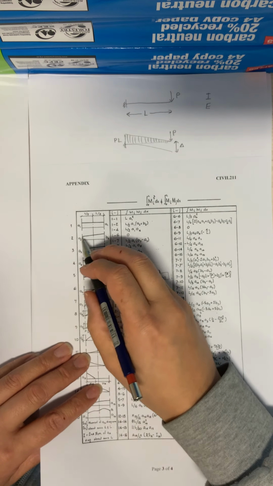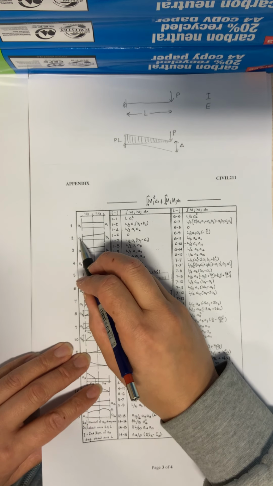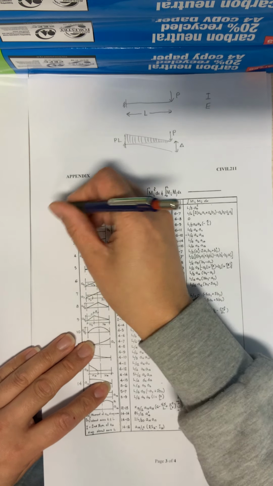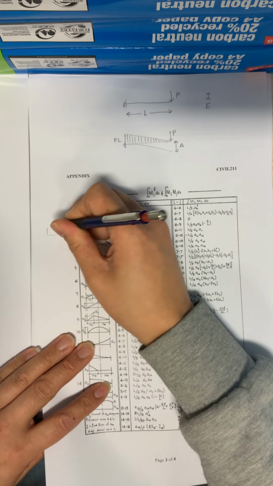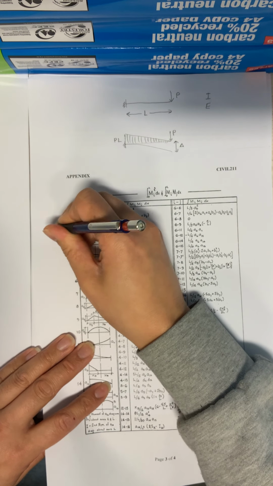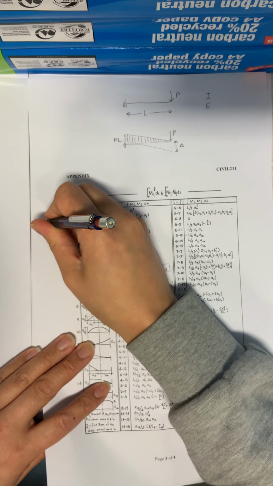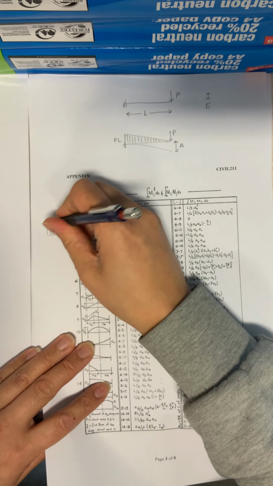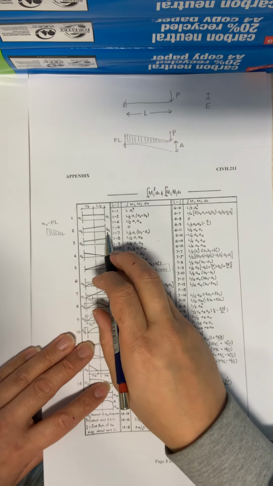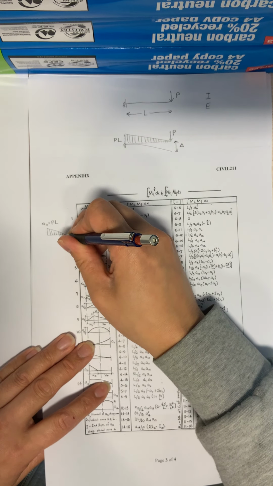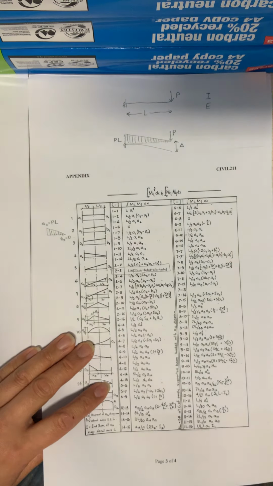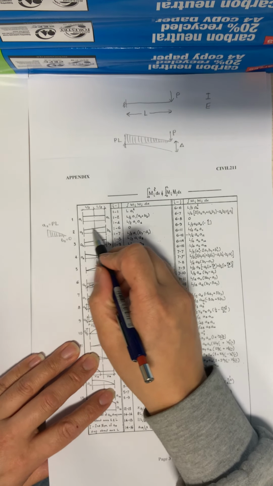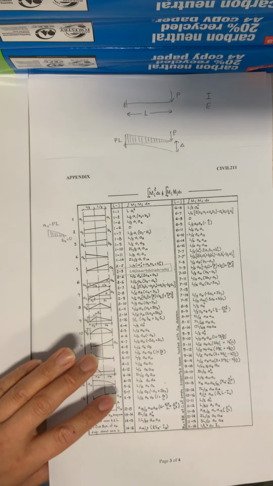So A2 for this one here is going to be equal to PL, and B2 is going to be equal to 0. That line can be constant, inclining, declining, whichever way you want.